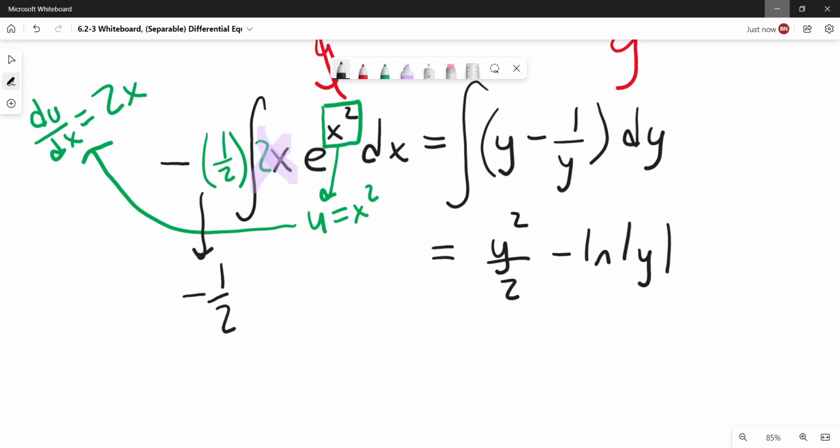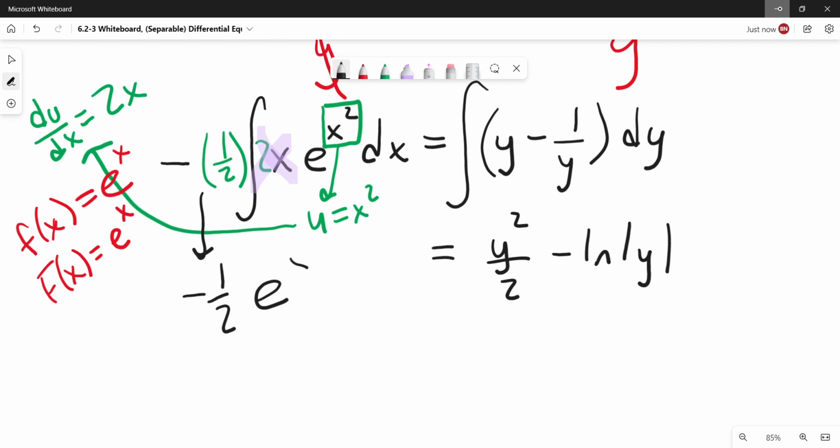My outside function is e to the blob, right? The antiderivative of e to the blob is e to the blob. So negative 1/2 e to the, what is the blob? The blob is x squared. I've got to put my plus c here. Now this is definitely a case where there's no isolating y.